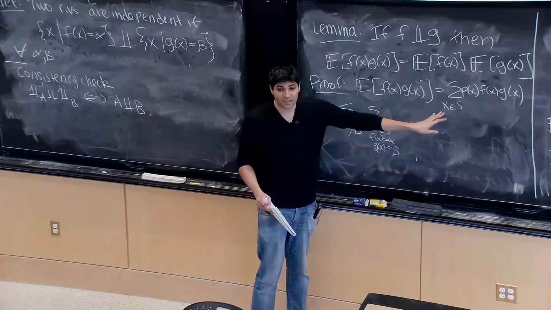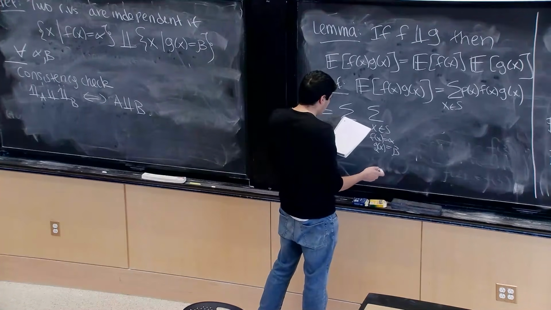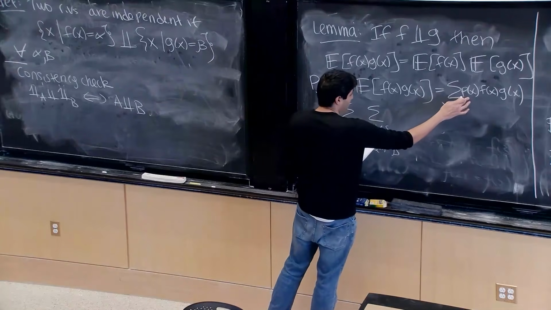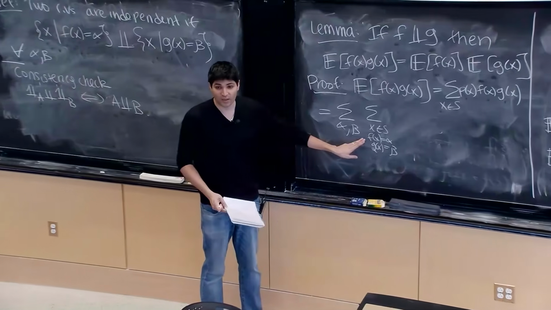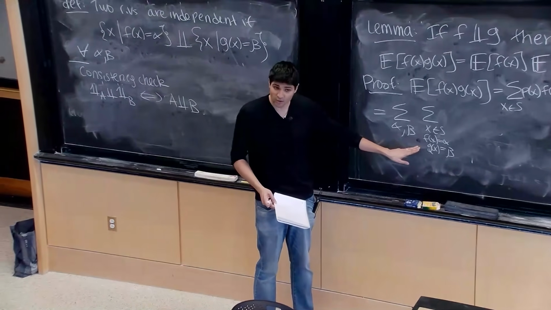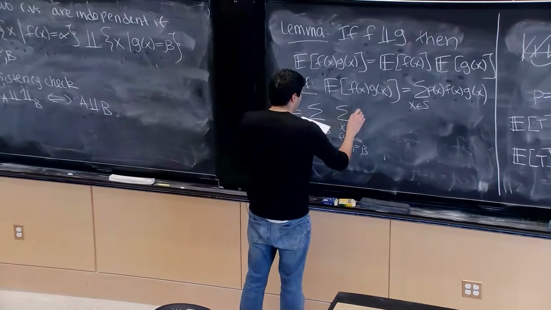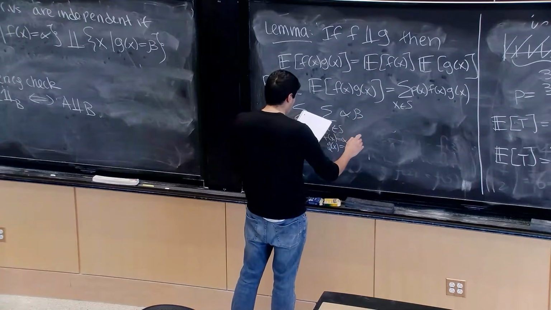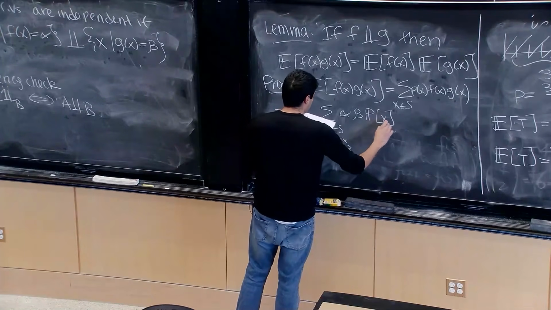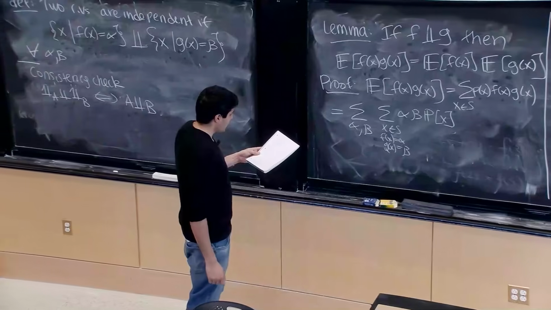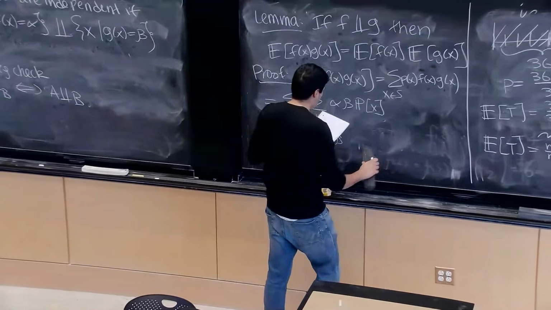So I'm just breaking this sum up into different contributions. And then I have the same thing, right? I have the probability of that outcome, I have f of x, I have g of x. Except because I've broken this event up, I know what f of x is and I know what g of x is. They're alpha and beta respectively. So this is the same thing as alpha times beta times the probability of x. Okay? So now we're in good shape, and we're just going to have to rearrange what this sum is.